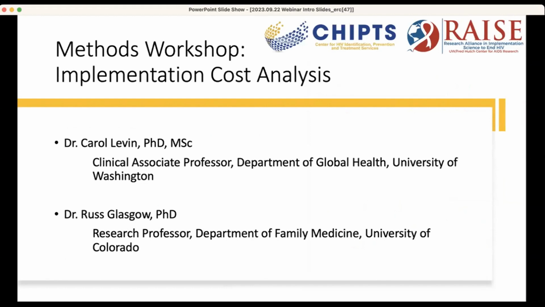Carol comes with decades of experience in developing costing methods, originally coming out of the agrarian economic space and then moving into the health economic space, and has applied these methods in a variety of settings, both domestically and globally, as well as across a number of different research or domain areas, from mental health to reproductive health, and now germane for today's talk for HIV and AIDS prevention care and treatment space. And so we're delighted. Carol's going to lead us off.